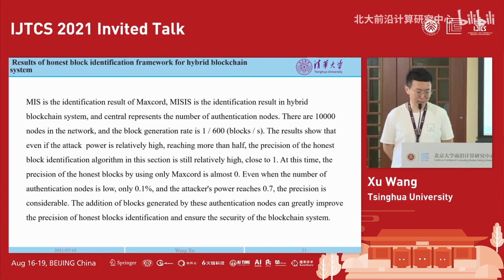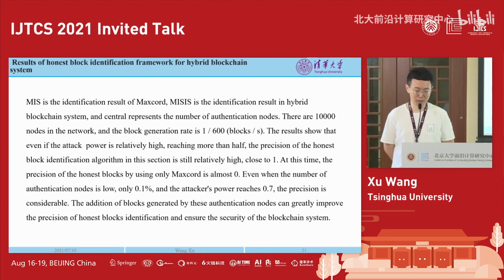Next, let's look at the results of the honest block identification framework for the hybrid blockchain system. We use MRS, maximum independent set, for the identification result of MASCOT. MRSS, maximum independent set including known set, is for the identification result in the hybrid blockchain system. Here, the legend represents the number of authentication nodes in the whole blockchain system.